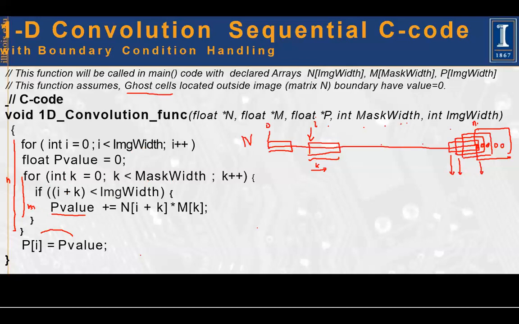So mask width is m, image width is n. My outer loop will run n times, and every time the inner loop will run m times. So my total time will be n into m, where n is the size of the data, this image, and m is the mask width.